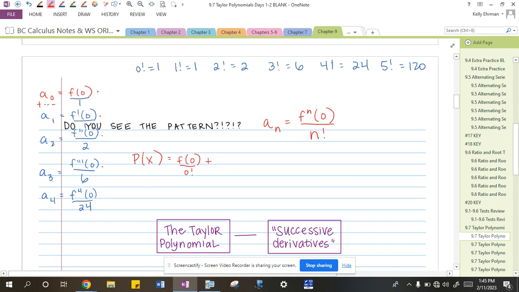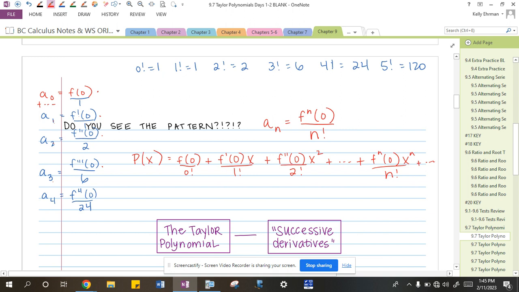And then we have the first derivative at 0 times x over 1 factorial. And then the x squared term is the second derivative at 0 over 2 factorial times x squared. I'm going to put plus dot dot dot. The nth term would be the nth derivative at 0 times x to the n over n factorial, and this could go on forever.